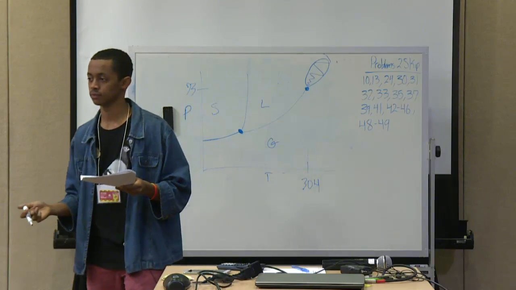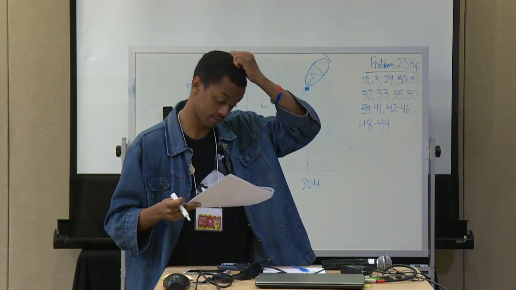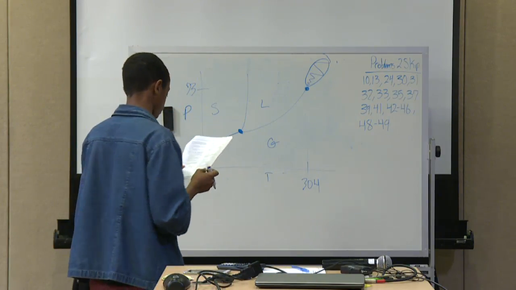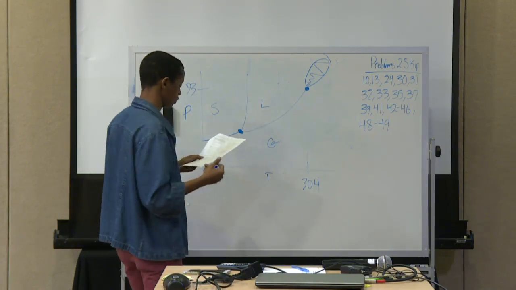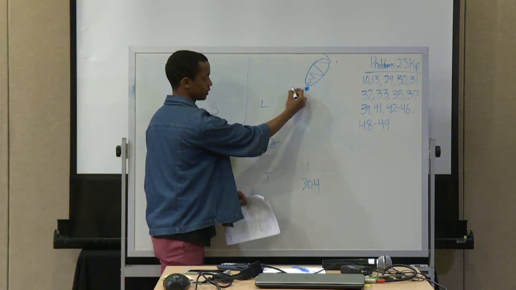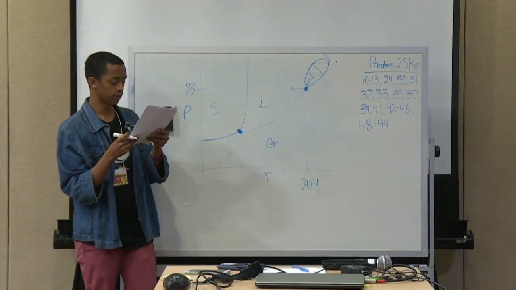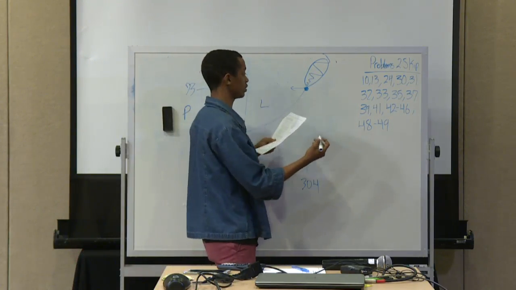All right, so looking at the possible answers, does anyone see an answer that could be it? Well, 1 decreases the temperature. We said if we decrease the temperature, we're going to go a little bit this way. It would be a liquid then, right? For the other one, 2, it says increase the temperature and increase the pressure.